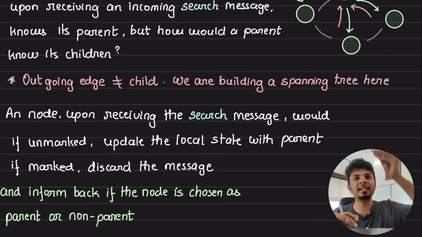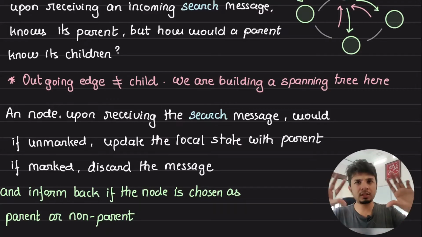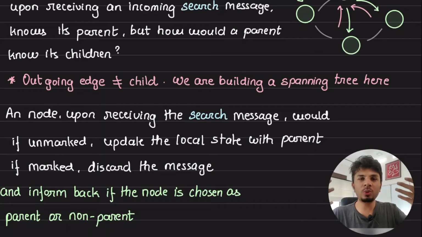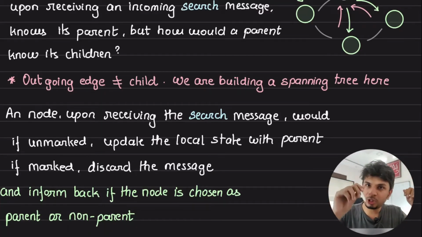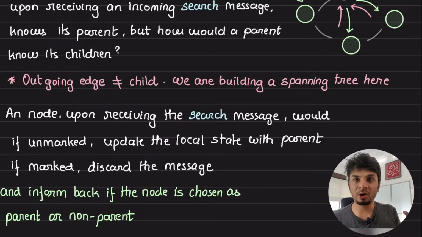So if B received the message, it would mark I0 as the parent locally. It's not any broadcast happening. Now, this was the usual flow, but because I0 wants to know who chose it to be its parent, node B would need to send a message to I0 saying, hey, I chose you as my parent. Now, if only B sends the message that it chose I0 as a parent, what about A and C?